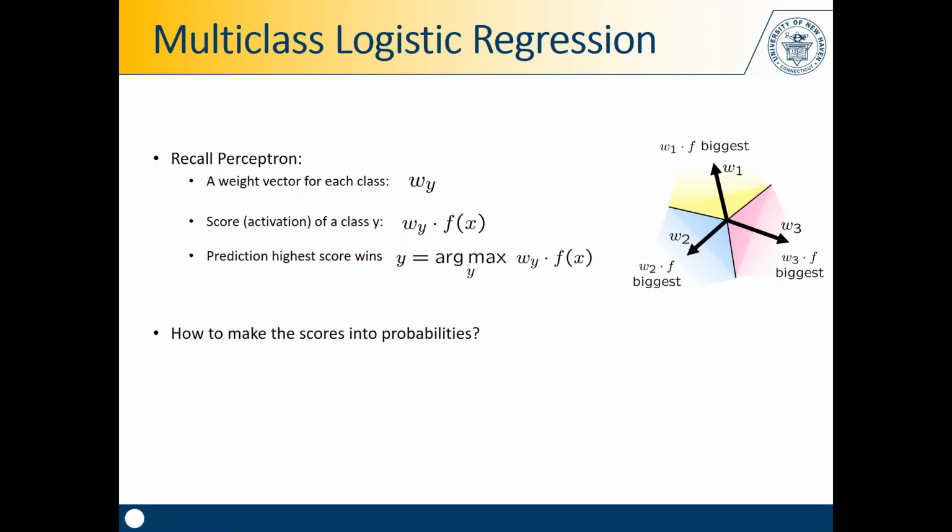Well, the sigmoid function already answered that question for us, right? We know how to convert a single score like W spam multiplied by a particular feature vector into a probability. We just put it in the sigmoid function.